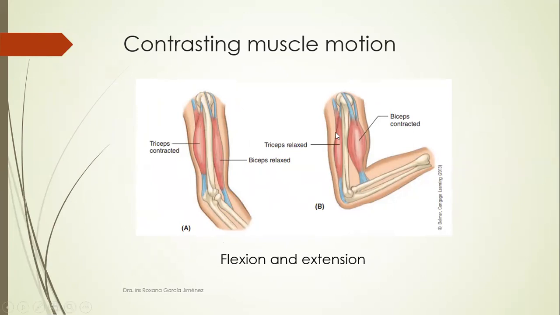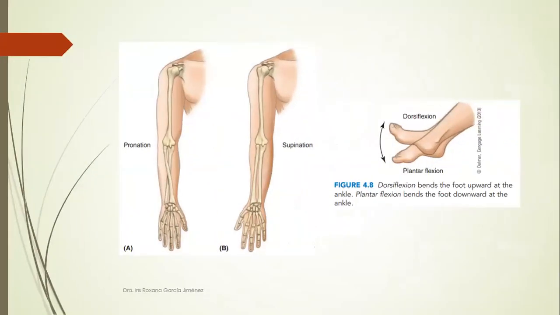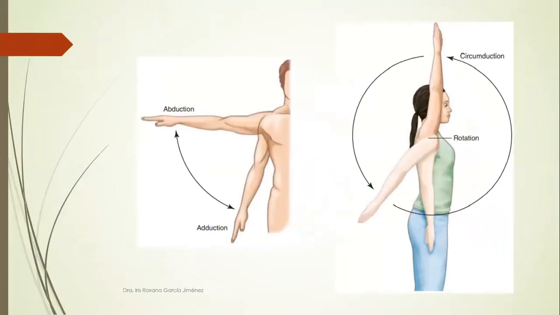On the opposite, we contract the biceps and relax the triceps. We have pronation and supination, dorsiflexion, plantar flexion, abduction, adduction, circumduction, rotation.